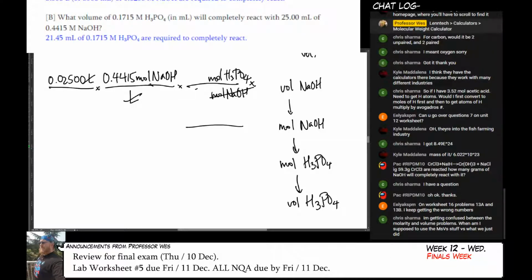And then finally, moles H3PO4, volume H3PO4, which would be liters. So this is still 3-to-1, based on the balanced chemical equation from before. And then the molarity of this acid is 0.1715 moles per liter.